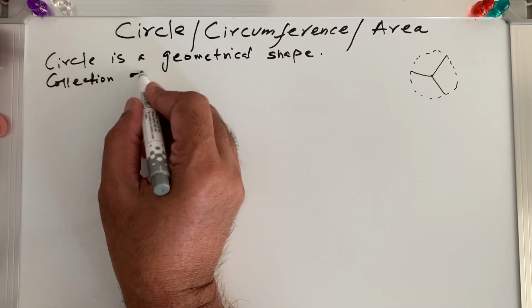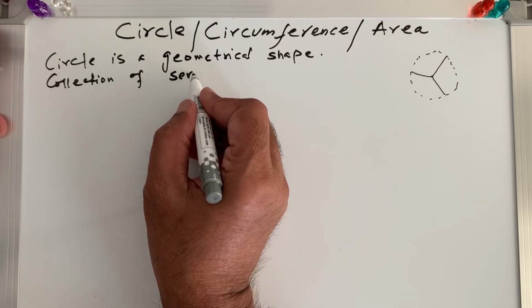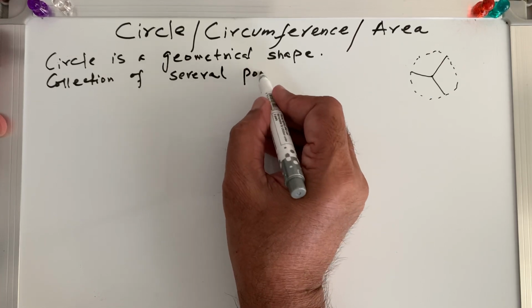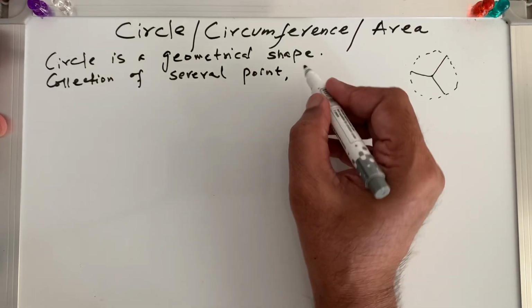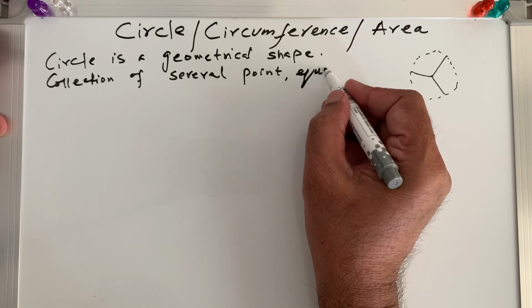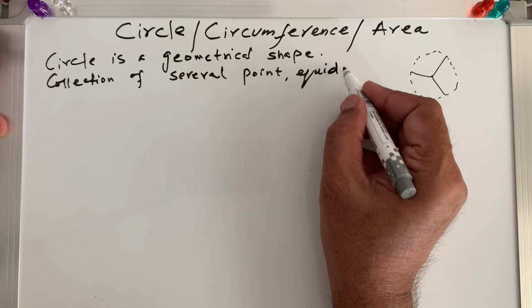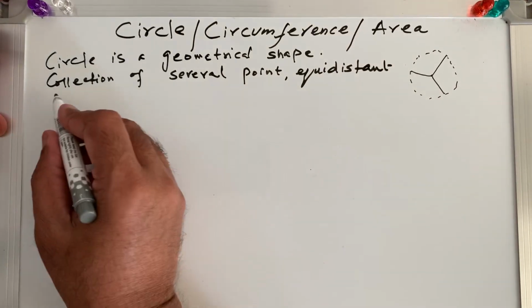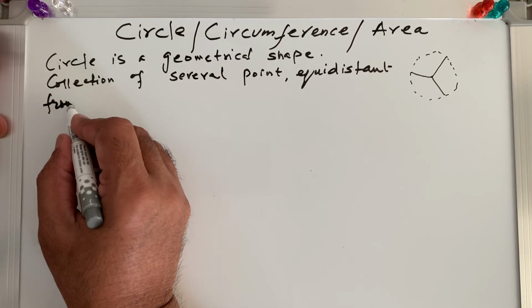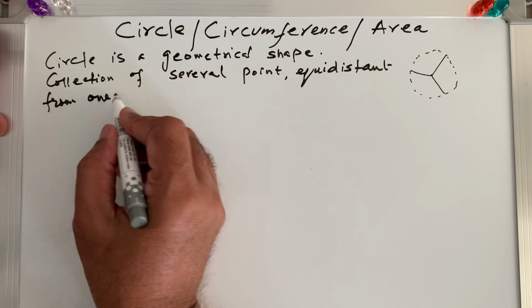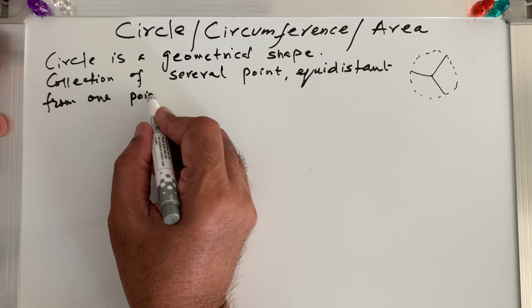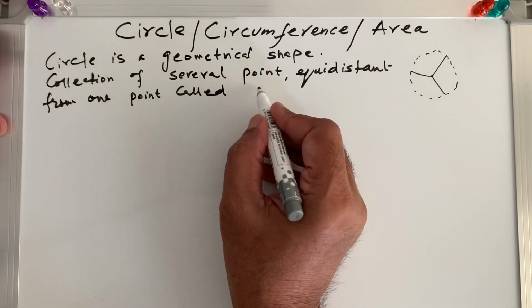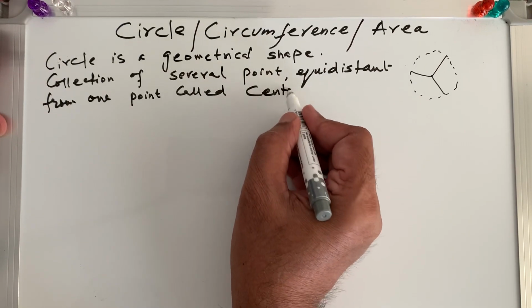Collection of several points, equidistant from one point called center of the circle, called center, right?